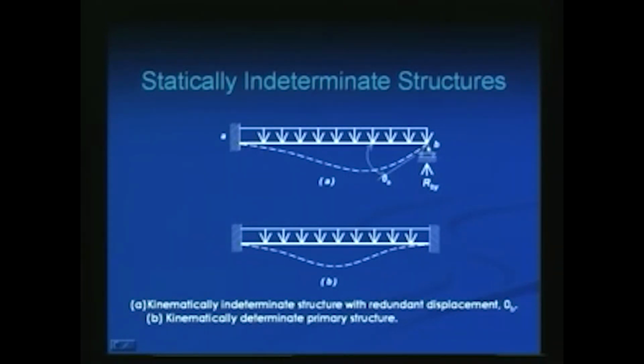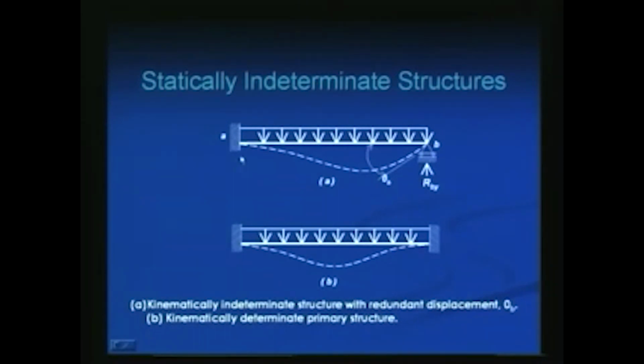How many degrees of freedom? So unconstrained, 2 joints, you have 2 into 3. How much is that? 6. So you have unconstrained degrees of freedom of 6.